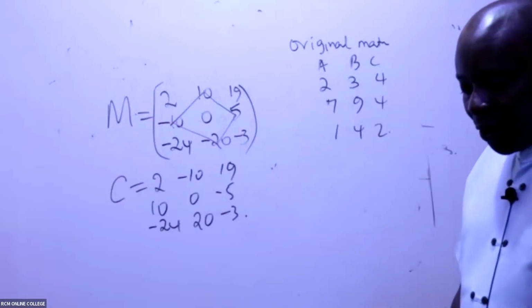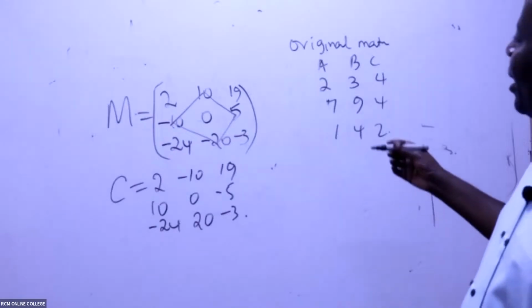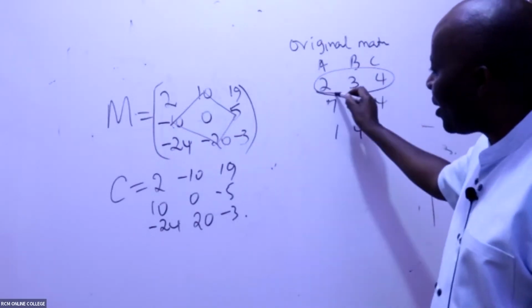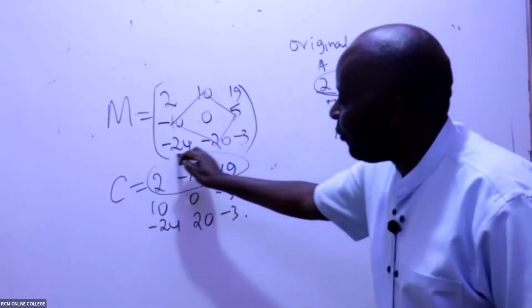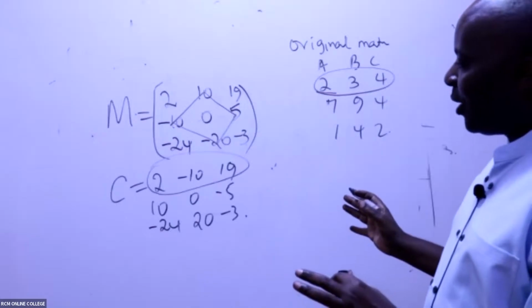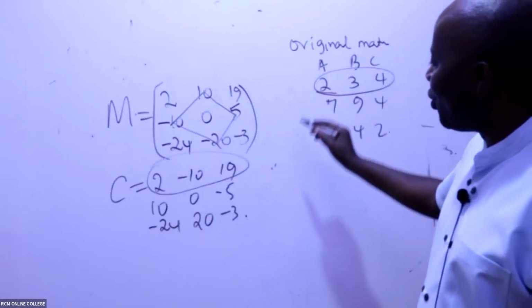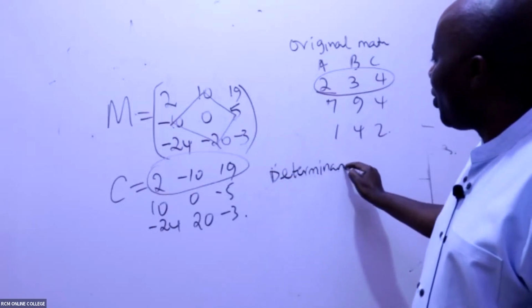So if you have not done the determinant using the other method, you can easily borrow the original matrix, these numbers that are here, with the cofactor matrix. If you borrow the first row of cofactors and the first row of the original matrix, you can easily get the determinant.